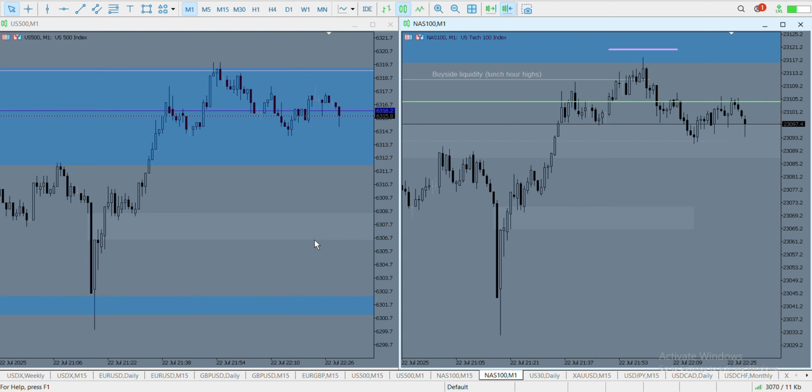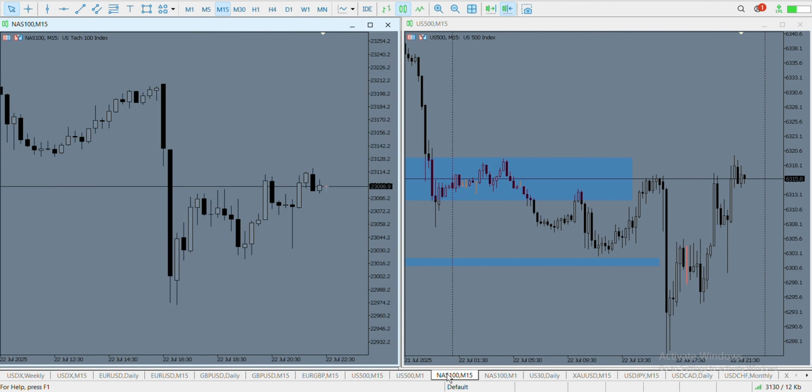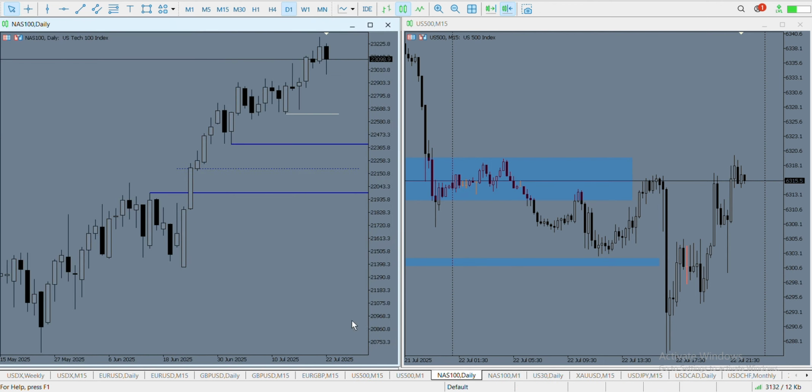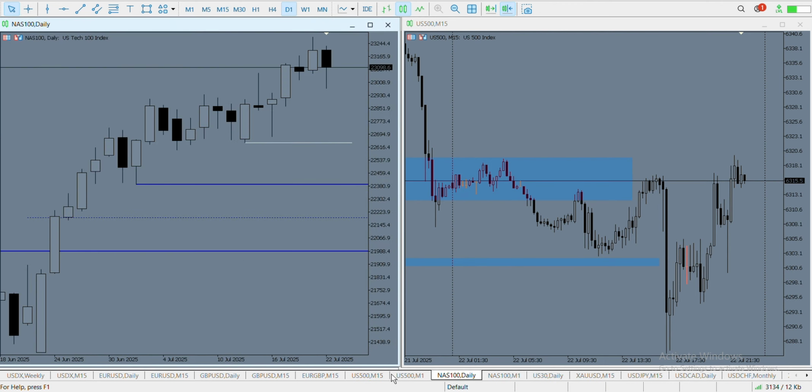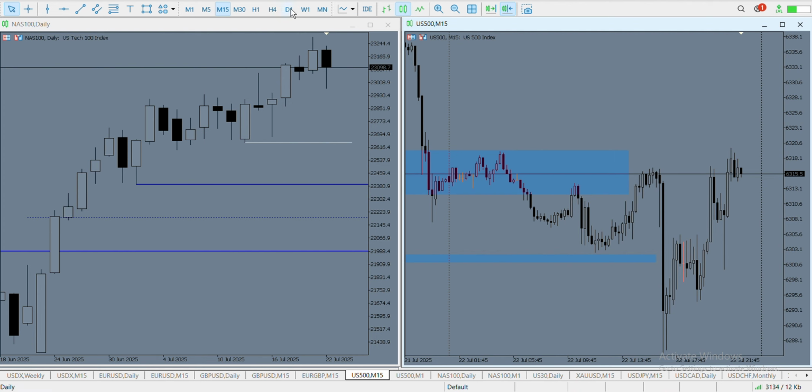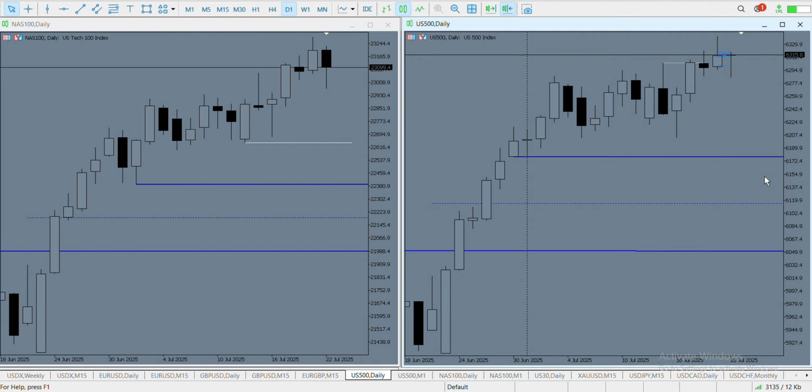So I want to go back to a daily chart, both US 500 and NAS 100, and talk about that daily chart briefly, and then we'll call that a session. So here we go. We have the Nasdaq 100 daily chart. If we close today with a down close, we'll have made a swing high here.